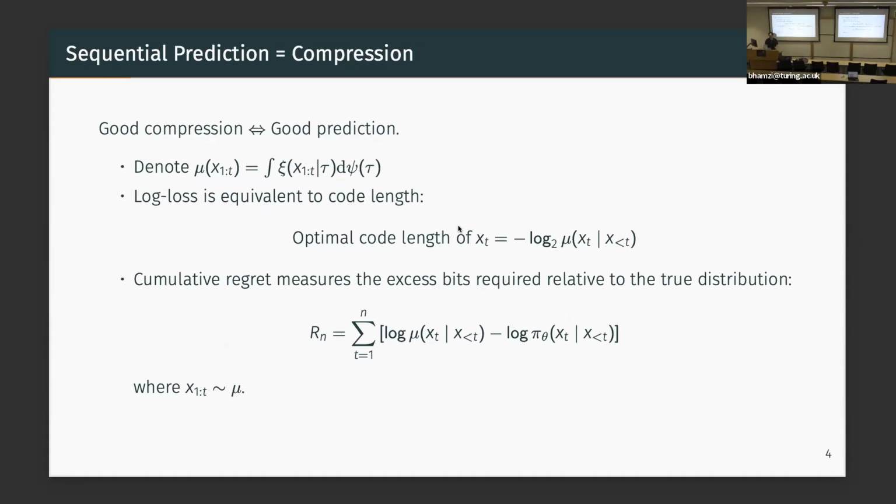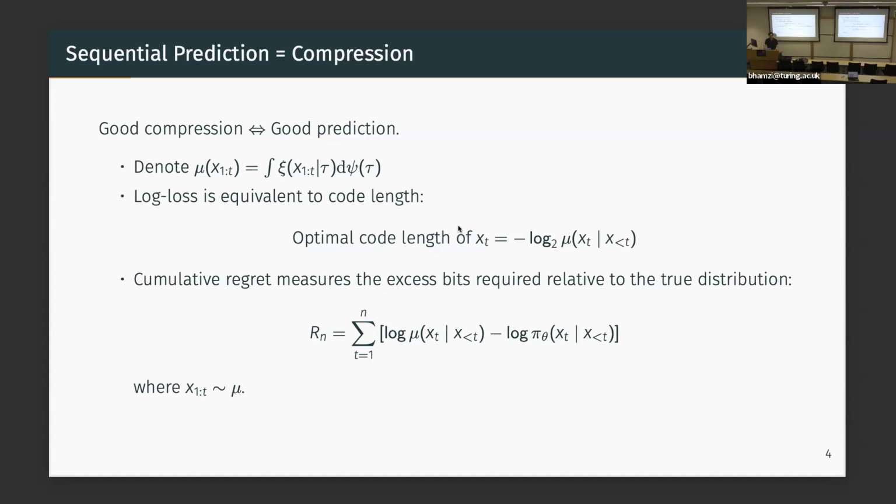Sorry, before going back, minimizing the loss function also gives you this compression result: if we denote the marginal distribution over the observations x by mu, which averages out all the latent variables, then minimizing the log loss is equivalent to compression, and we can also measure the regret, which we can take as a KL divergence, or just a difference in the log losses under the model and under the true distribution.